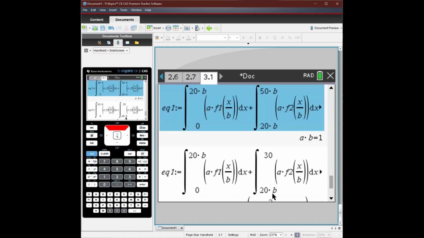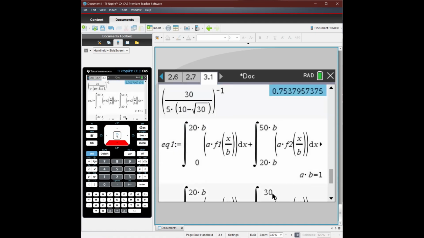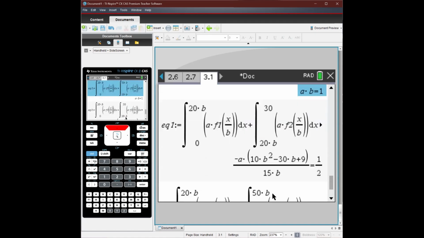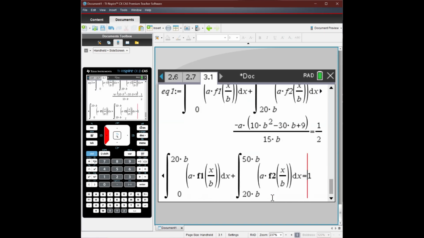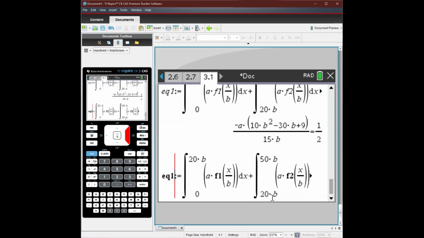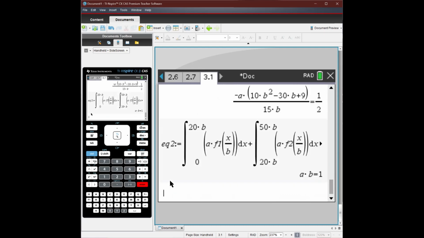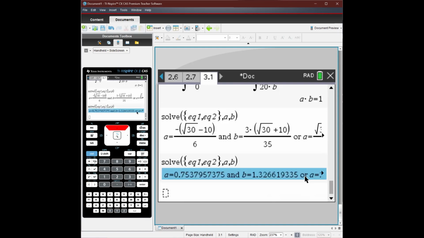Equation 1. Delete this one. Delete this one. I can't define equation 1 as 2c. I must define equation 1 and equation 2 distinctively. So then you solve equation 1, equation 2 for a, b. There are two possible values, but you don't want this value, okay?